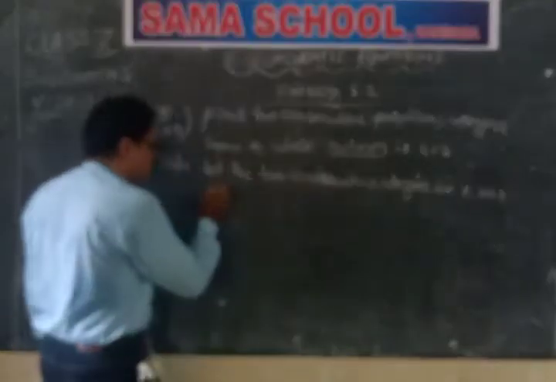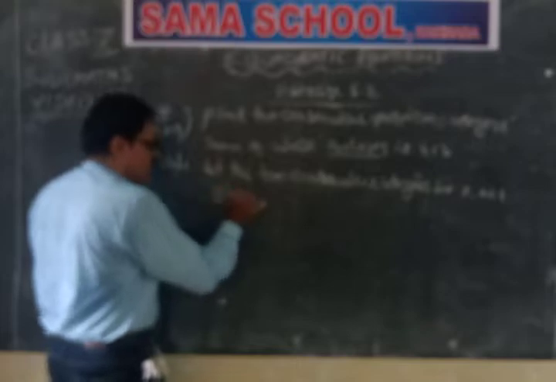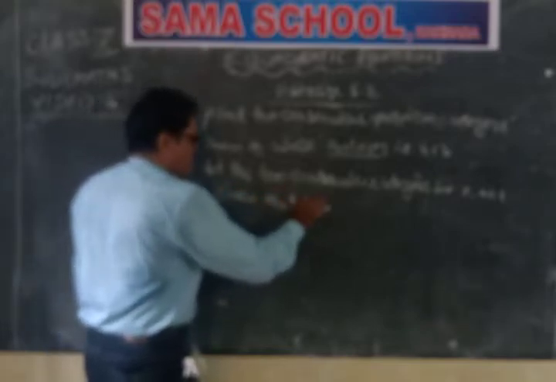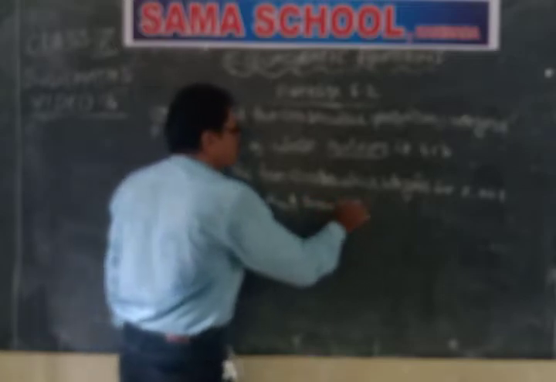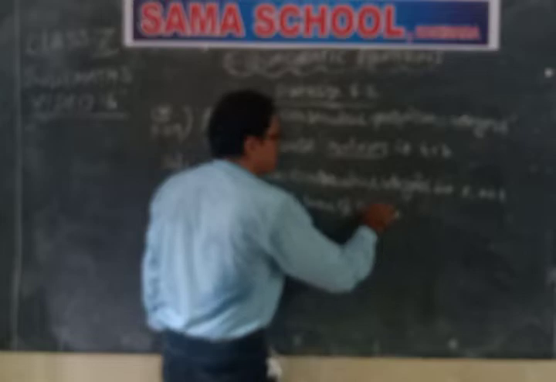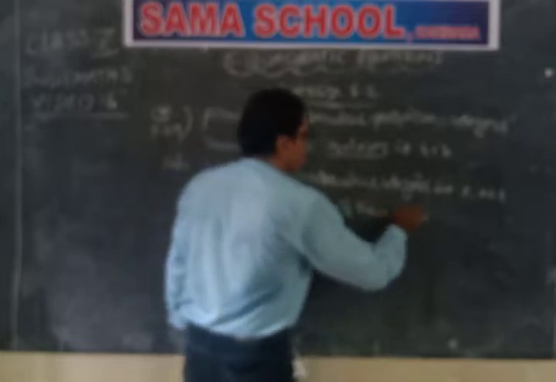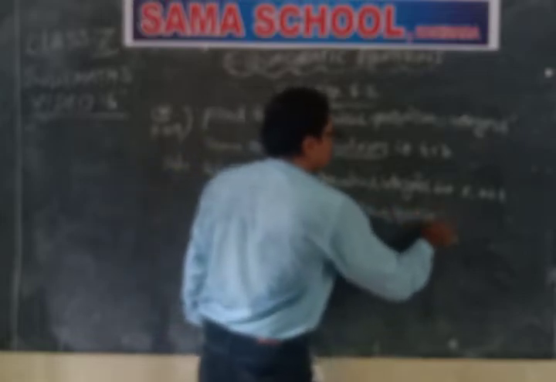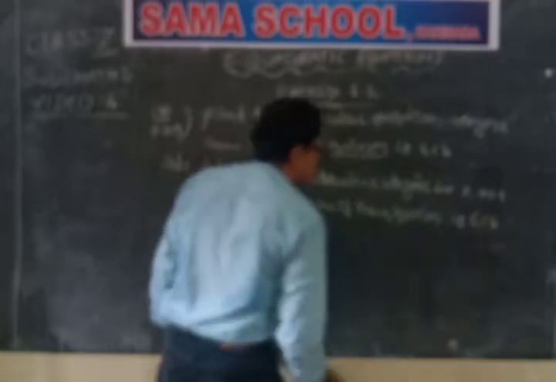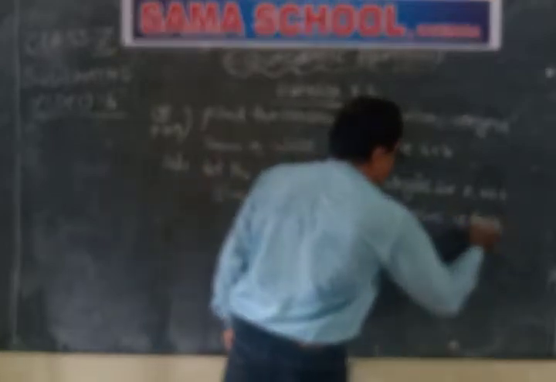What is given? Given that the sum of their squares is 613.